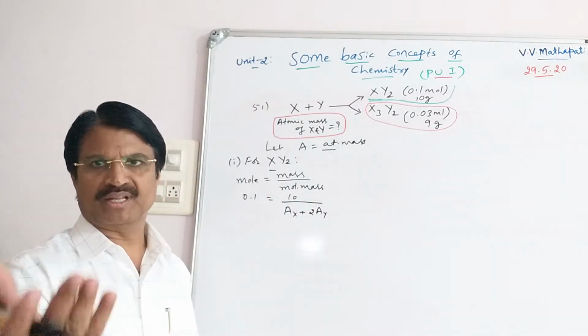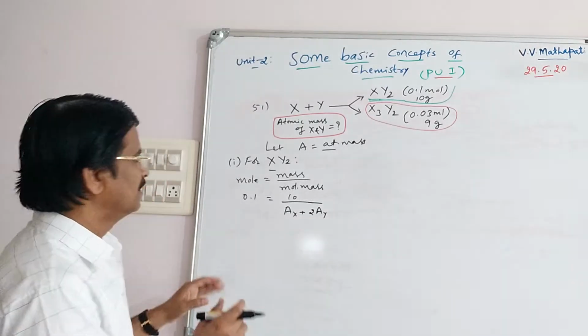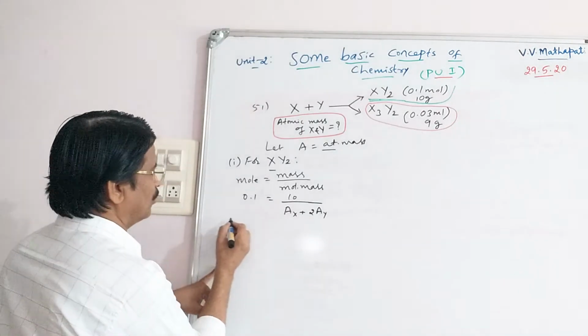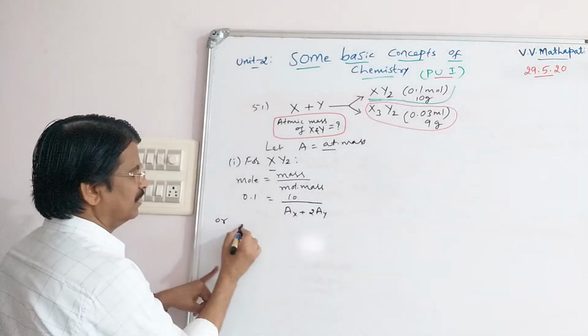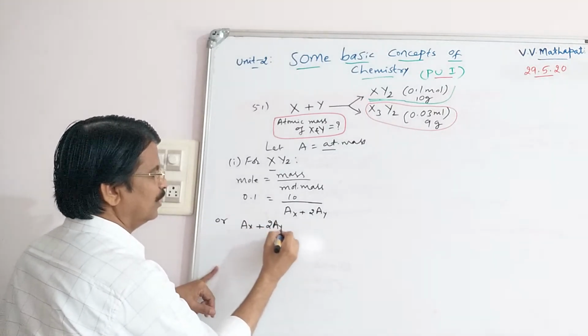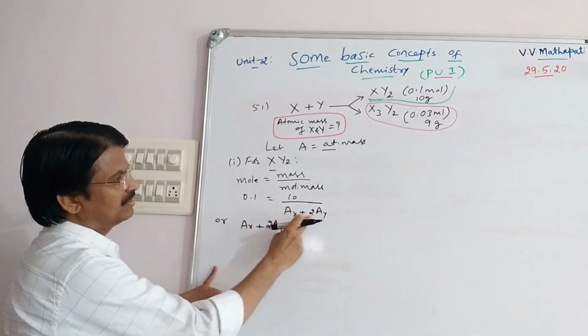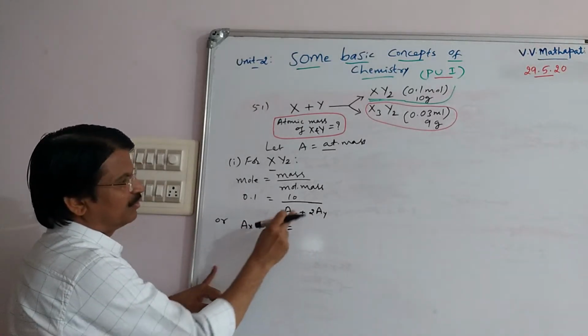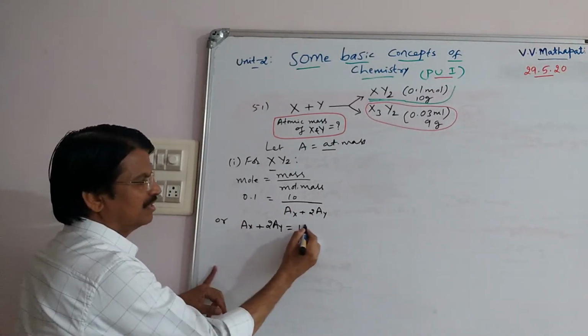So Ax plus 2 Ay equals 10 by 0.1, which is 100.